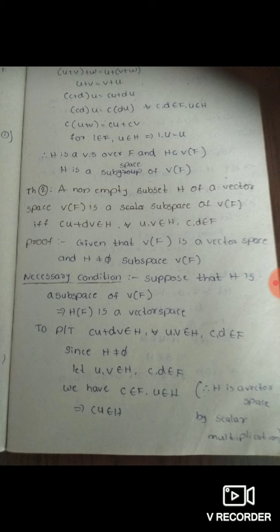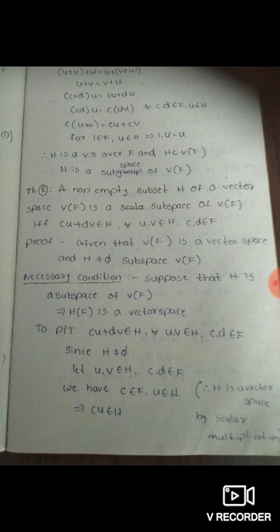Okay, since H is a non-empty subset, we take u, v belongs to H and c, d belongs to F. First, V is a vector space, H is a subspace, that means H is a vector space.